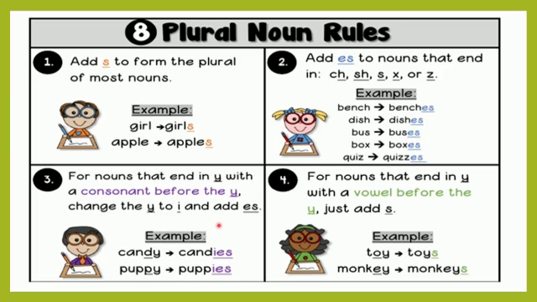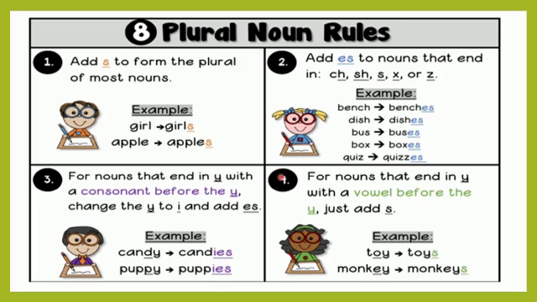So to make it plural, instead of Y, you have to use IES. You have to remove this Y and add IES to make it plural. Same goes with puppies. So candy, candies. Puppy, puppies.